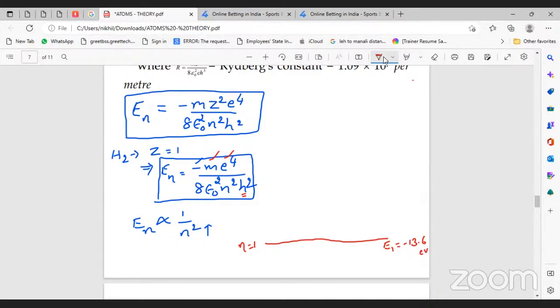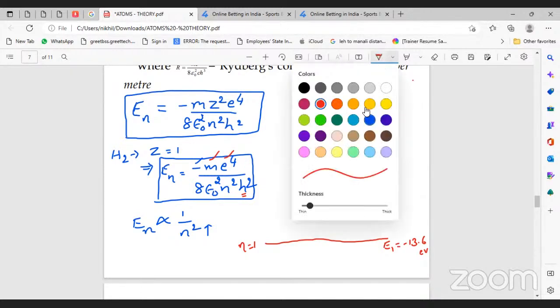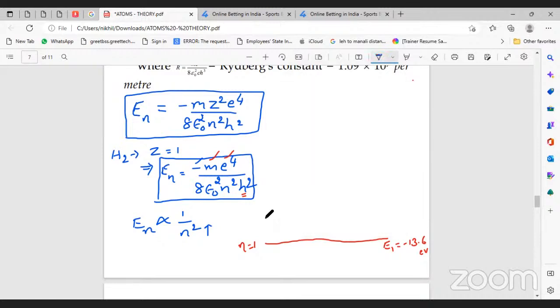Then can you find the energy in the second orbit? Here n is equal to 2. How are the energy and the orbit number related? Energy in the nth orbit is inversely proportional to the square of the principal quantum number n.